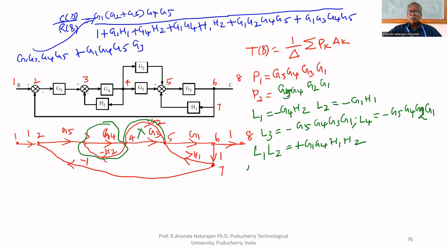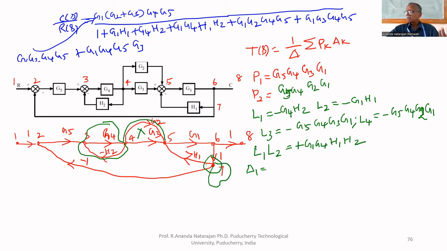What is delta 1? Delta 1 is the delta of the part of the graph which is not touching the first forward path. What is the first forward path? G5, G4, G3, G1. The part of the graph which is not touching the forward path is only one node, that is 7. Suppose at 7 you have a loop like this, that is called a self loop.